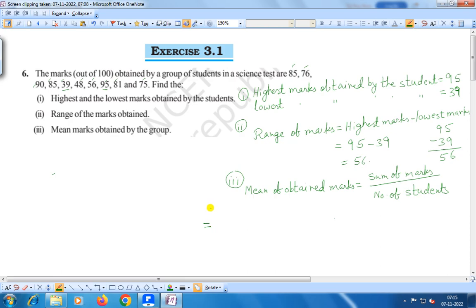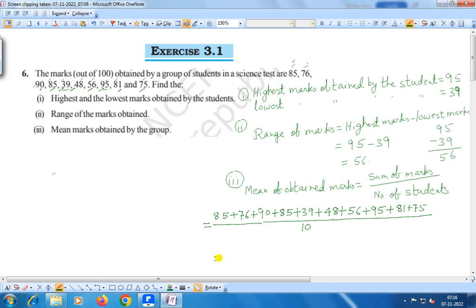Sum of the marks will be 85 plus 76 plus 90 plus 85 plus 39 plus 48 plus 56 plus 95 plus 81 plus 75, and total number of students is 1, 2, 3, 4, 5, 6, 7, 8, 9, 10, divided by 10.